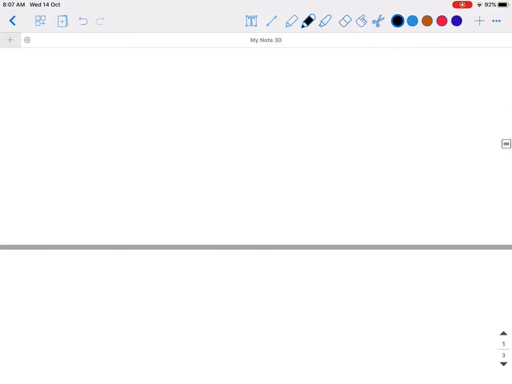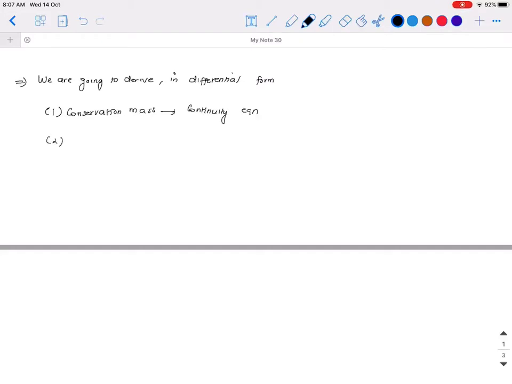In this chapter we are going to derive, in differential form, conservation of mass, or the mass conservation equation, which is also called the continuity equation, and conservation of momentum.